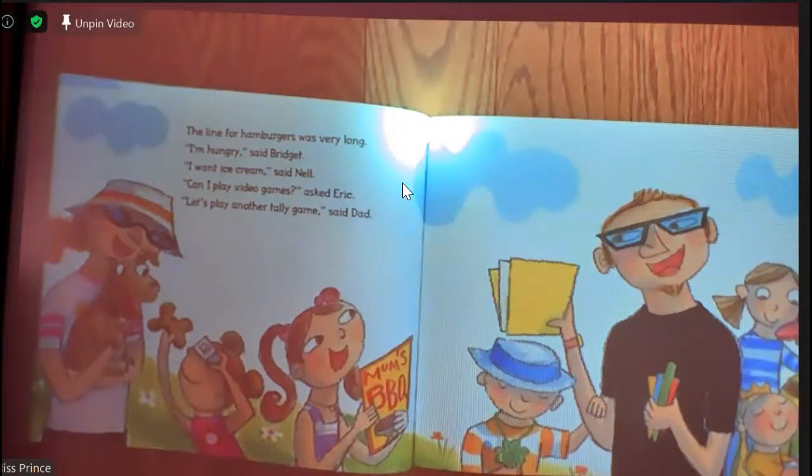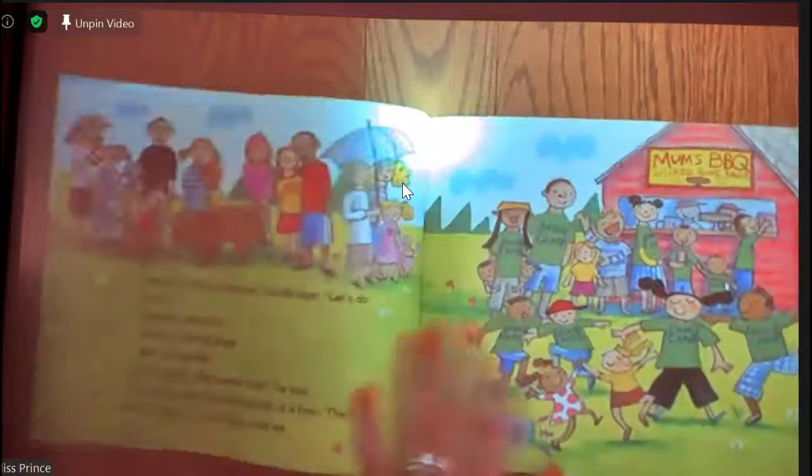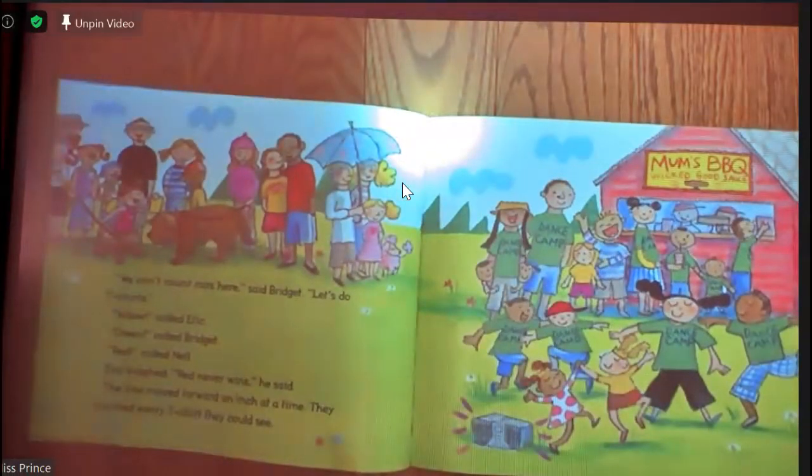The line for hamburgers was very long. I'm hungry, said Bridget. I want ice cream, said Nell. Can I play a video game? Asked Eric. Let's play another tally game, said Dad. We can't count cards here, said Bridget. Let's do t-shirts. Yellow, called Eric. Green, called Bridget. Red, called Nell. Eric laughed. Red never wins, he said.